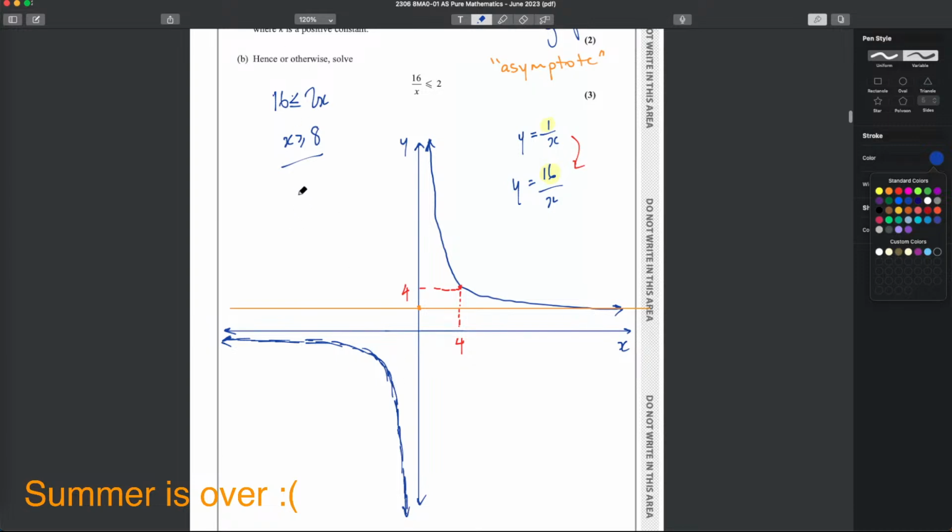So for the solution to this inequality, just using the graph, we will have x greater than or equal to 8, or yeah, equal to, because 16 on x is less than or equal to 2, and we'll have x less than 0, for this whole section of the graph down here.